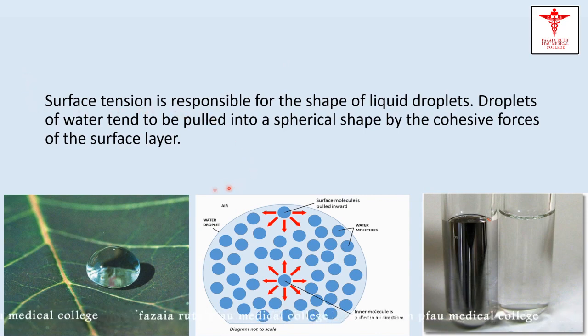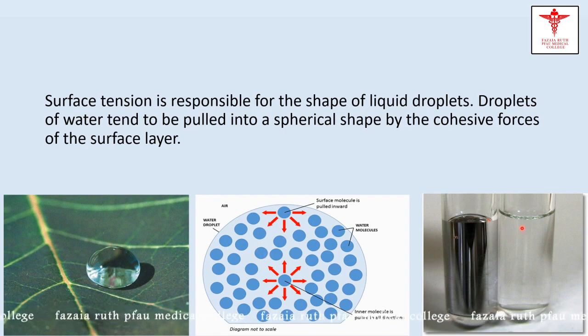For example, surface tension is responsible for the spherical shape of a liquid droplet, or the formation of lower and upper meniscus of liquids when taken into a cylindrical container. Due to strong cohesive forces, molecules tend to pull the liquid droplet into a spherical shape.